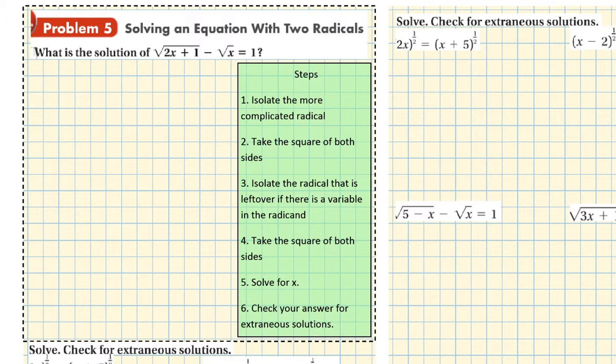Our first step is to isolate the more complicated radical. The more stuff you have inside the radical, the more complicated it is. So that means we're going to isolate the square root of 2x plus 1, and we're going to do so by adding the square root of x to both sides of the equation. That's going to give us the square root of 2x plus 1 is equal to 1 plus the square root of x.